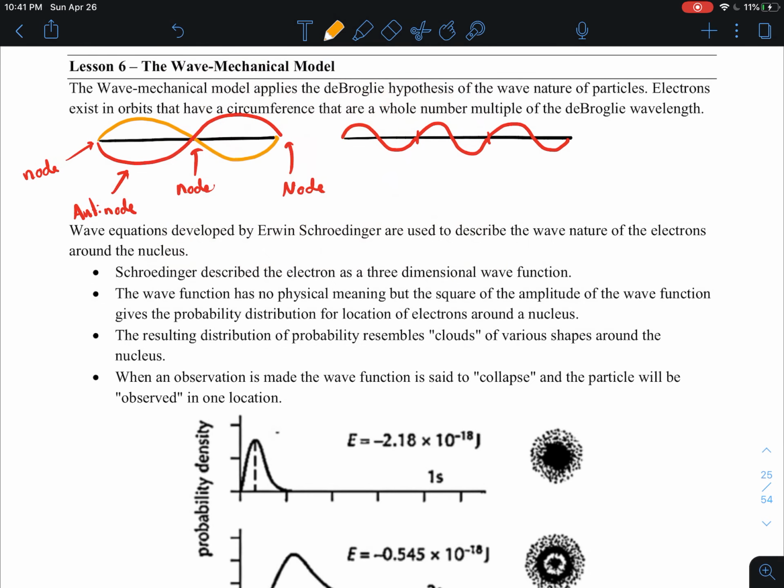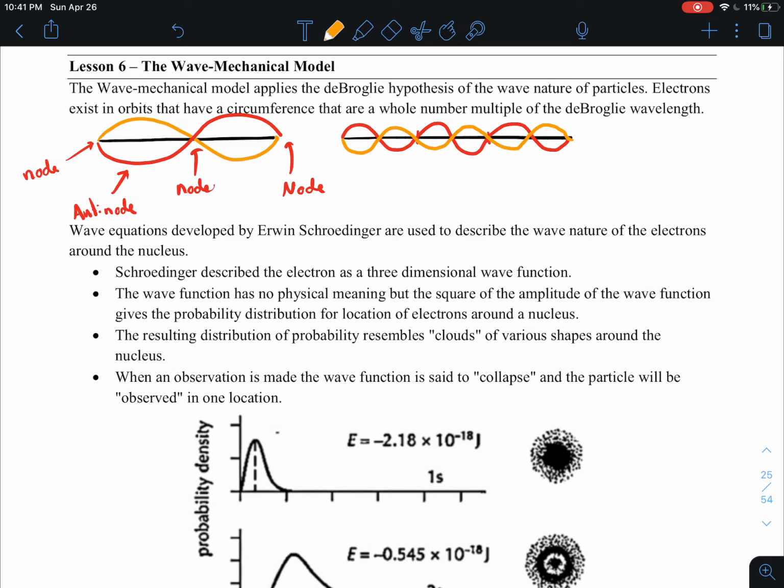And I'll do my other color here and do the standing wave aspect. 1, 2, 3. Perfect. So here we have a bunch of nodes and antinodes. What I want you to try to imagine is that this is an electron spread out as these probability waves.